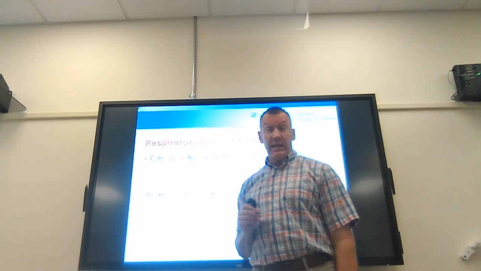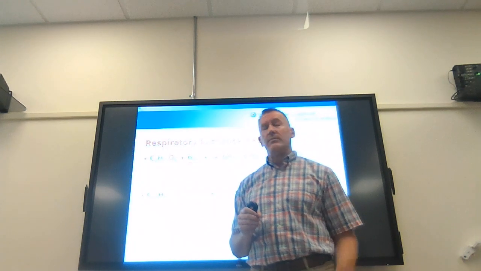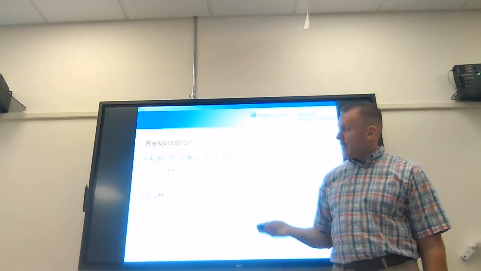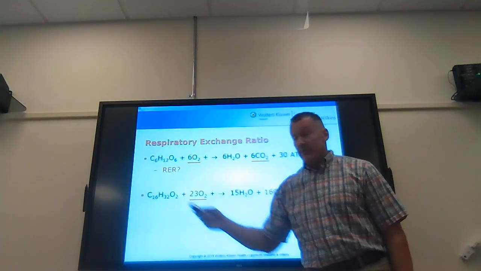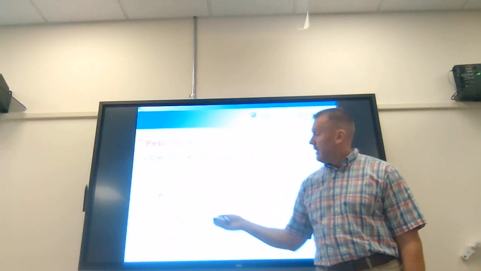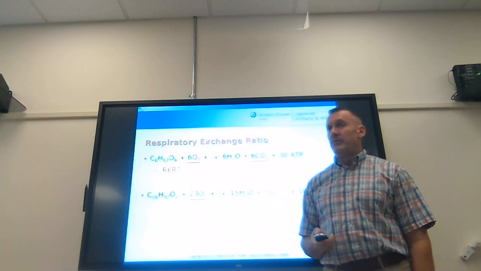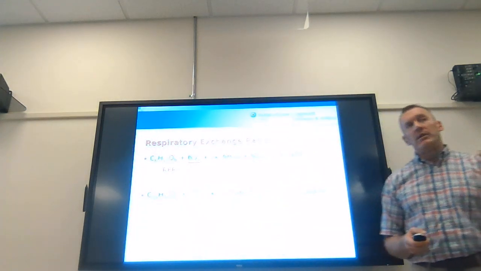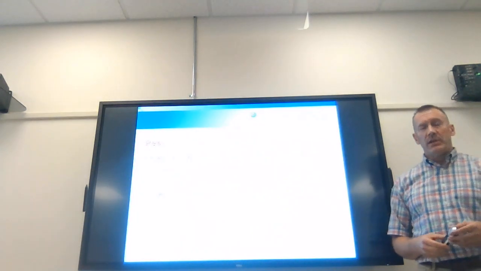So the take-home message is that fat requires a lot more oxygen to process through metabolism, so the RER is going to be a lot different. To break down this one molecule of palmitic acid, we require 23 oxygen molecules. On the other side, you remember from chapter 2, one molecule of palmitic acid gives you 106 ATP.